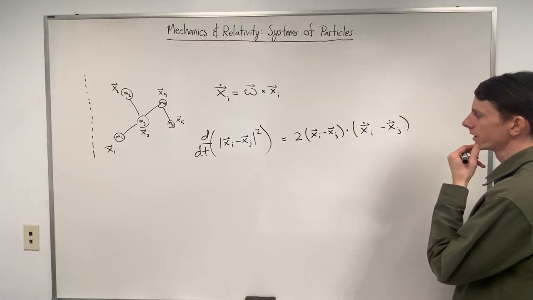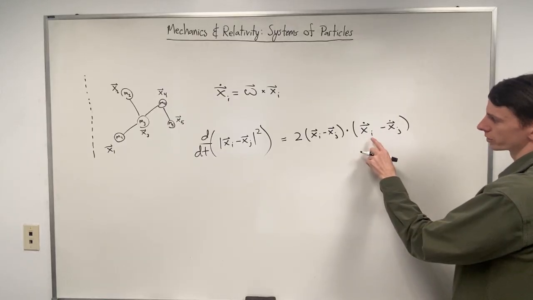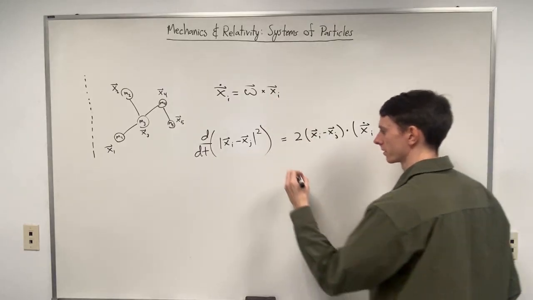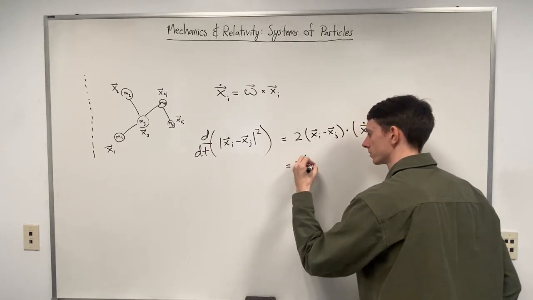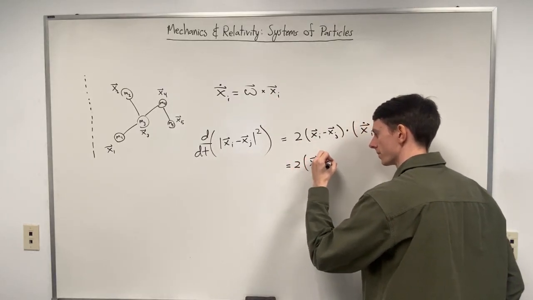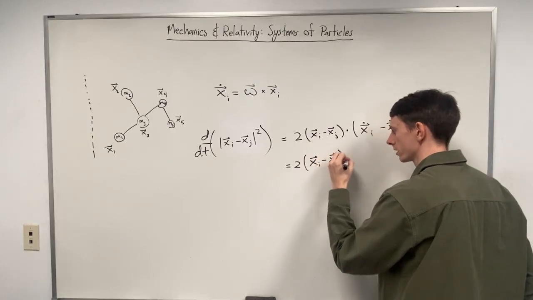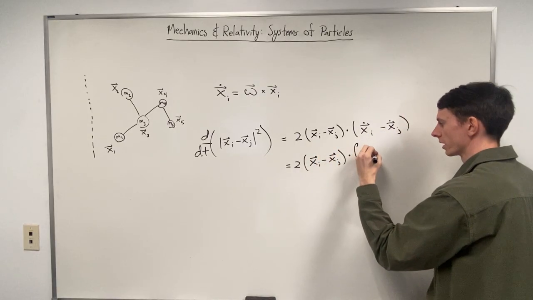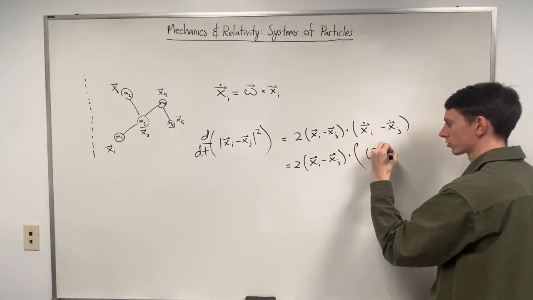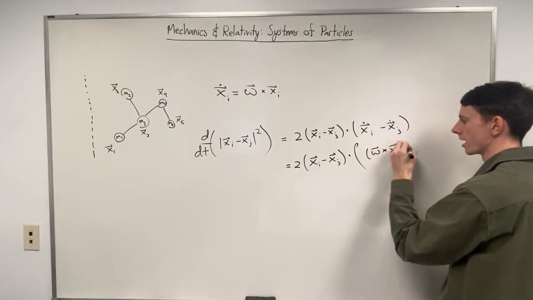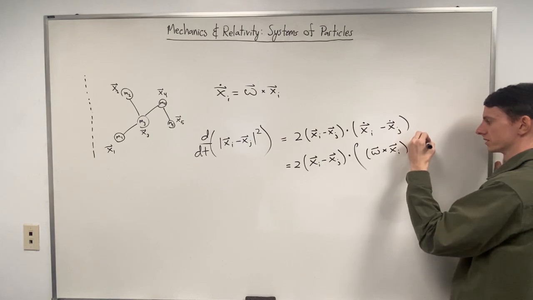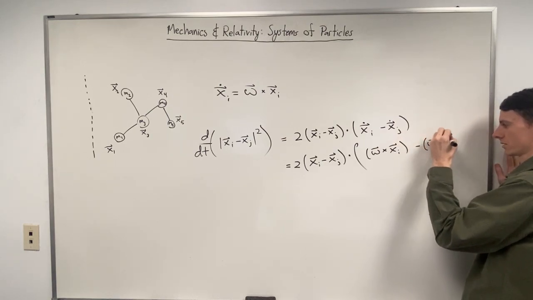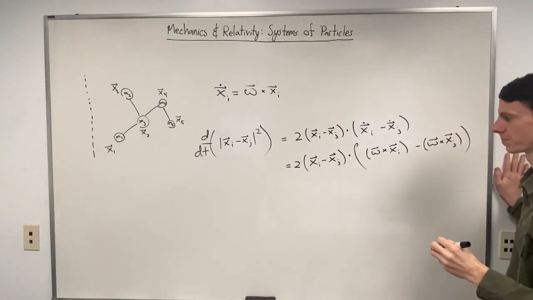That's how we can express the time derivative. And then what we're going to do is rewrite x dot i and x dot j in terms of this definition right here. So this is 2 times xi minus xj in a dot product with, the first one is omega cross xi minus omega cross xj, right?